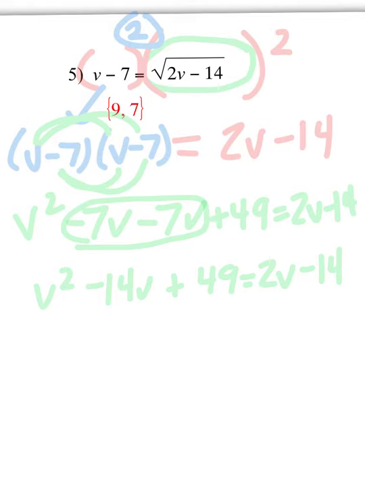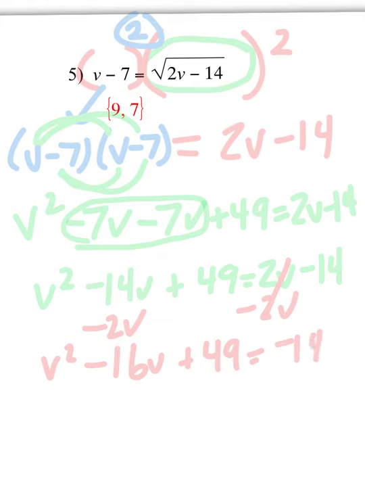So I'm going to have to move my 2v by subtracting it over. Okay, and then I'm going to have v squared minus 16v plus 49 equals negative 14. Then I have to pull the 14 over, so I'm going to have to add it. It's actually a negative, so I'm going to have to do a positive and add it.